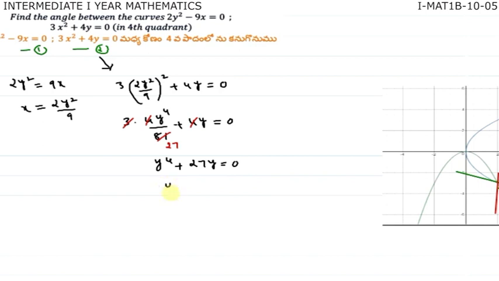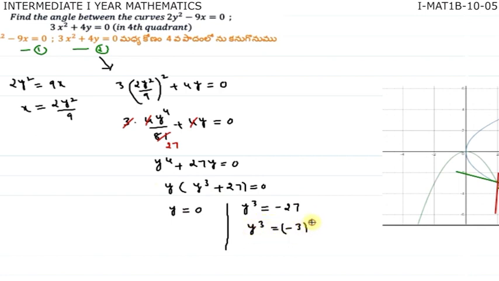Here I can take y common. Y into y cube plus 27 is equal to 0. I get y is equal to 0 in the first case, and y cube is equal to minus 27. Y cube is equal to minus 3 whole cube, so y is equal to minus 3.